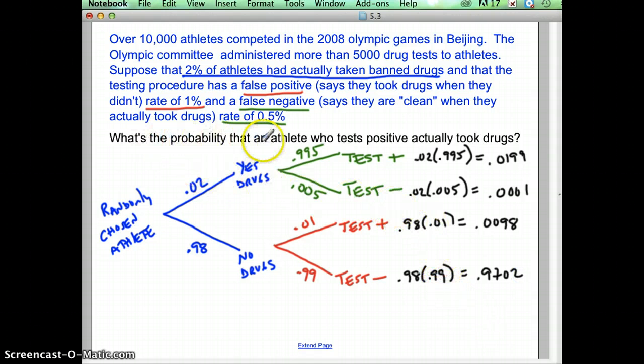All right, so now we can answer the question. It says, what's the probability that an athlete who tests positive actually took drugs? So an athlete who tests positive, that's the given. So that means that this is a conditional probability. What's the probability that they took drugs given that they test positive?